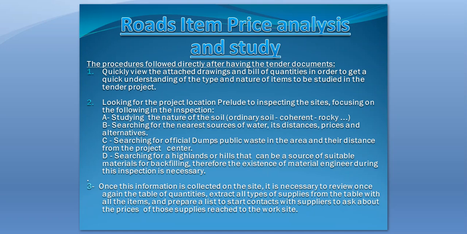You will read the BOQ again, making a list of all supplies like curbs, interlock, asphalt, sand, concrete, and start to look for who is the best supplier, a modern supplier, taking prices from at least 2 or 3 suppliers if possible, and taking their prices as a start to make a price study.